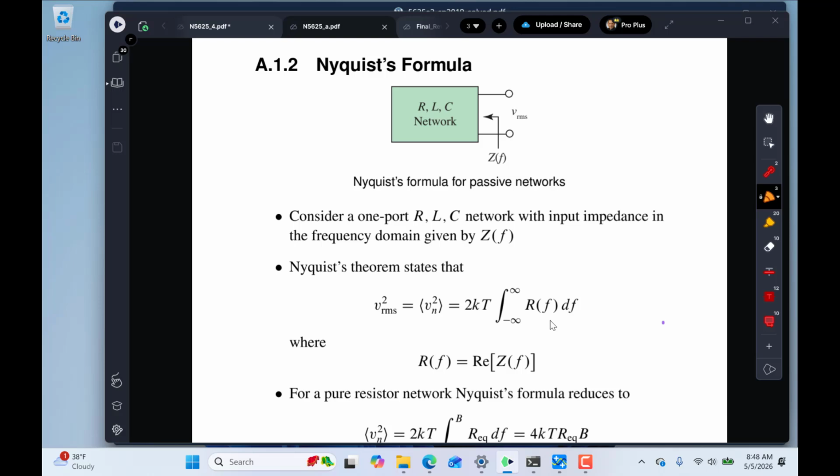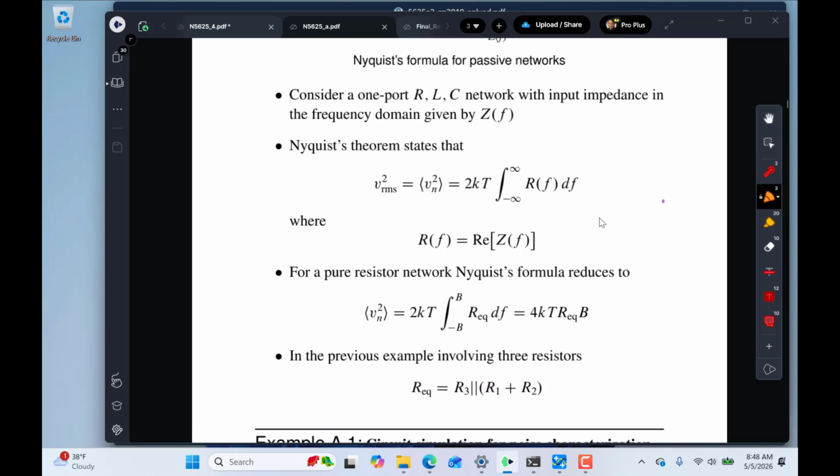Now this seems complicated because it has an integral involved with it, but you can just see that if we had a pure resistance in here, just an equivalent resistance, no other reactive elements, and then we took advantage of symmetry for this simple integration, we'd be integrating over some observation bandwidth minus B to B, so this 2 would get another 2 alongside of it, and this is exactly Nyquist's theorem.